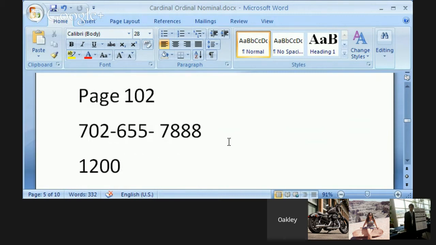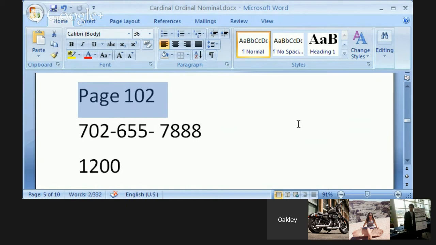Let's look at some other numbers and how we say them. Emmanuel, how would you say this? Page 102 or page 102? You could say it either way.